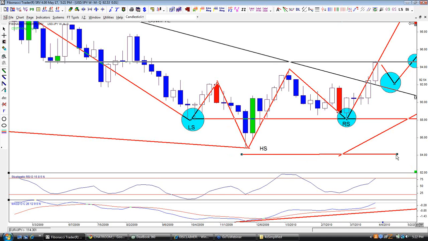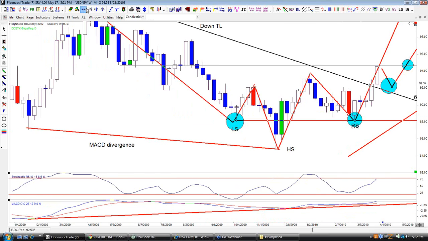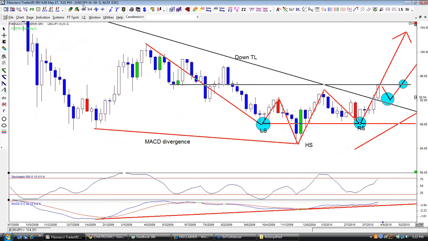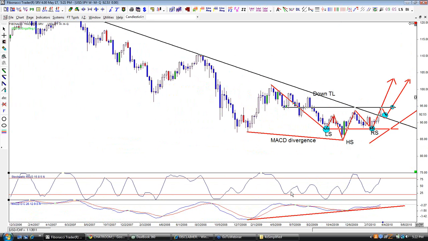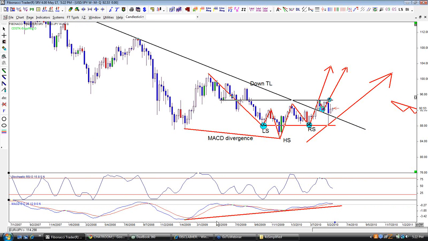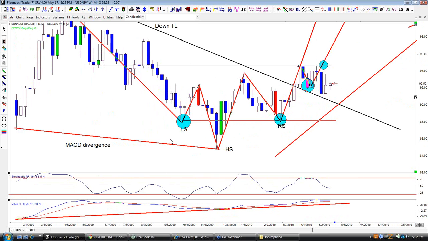This is for some traders might be too much. Now another indication of price reversal is also this MACD divergence. That's showing us that yes, there might be a trend reversal.